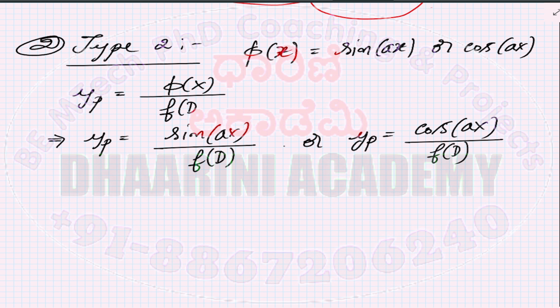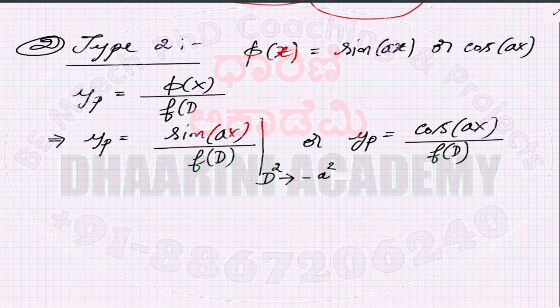Previously, we had replaced D by a. Now, the solution comes with this category. What I'm going to do is write D square as minus a square. You take a square, put a minus, and replace that for D square, not for D.